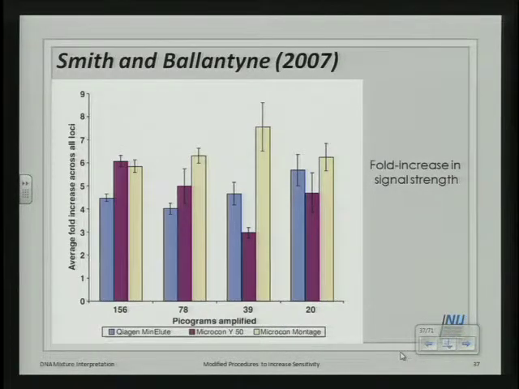Each one of these gave, we'll just take a look here at, say, 78 picograms of input DNA. He's able to get a 4 to 6-fold increase in the signal from just putting it on regular versus doing this filtration device here. So it can greatly increase the signal.